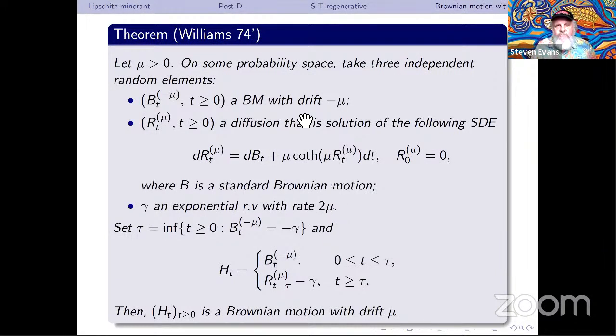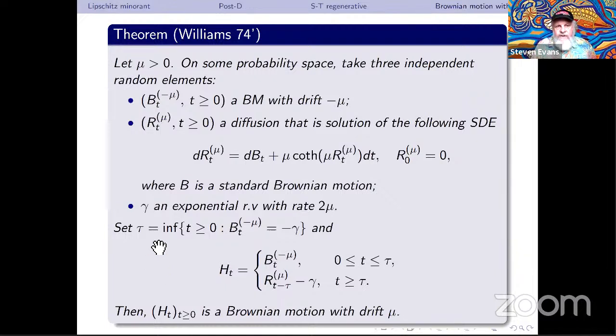And if you look at the Brownian motion prior to it attaining its global minimum, that'll be a Brownian motion with drift minus mu.